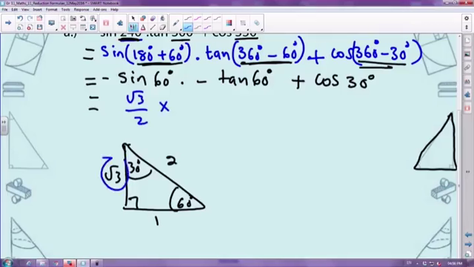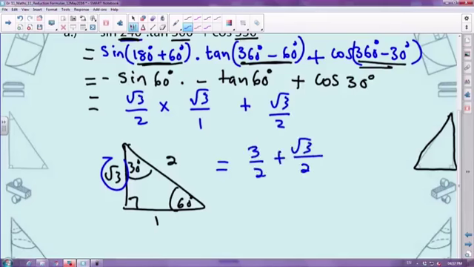So y is root 3 over x is 1, plus cos of 30. Cos of 30 is x over r, so it's a square root 3 over 2, which gives us the root 3 times the root 3, which is 3 over 2, plus square root of 3 over 2.